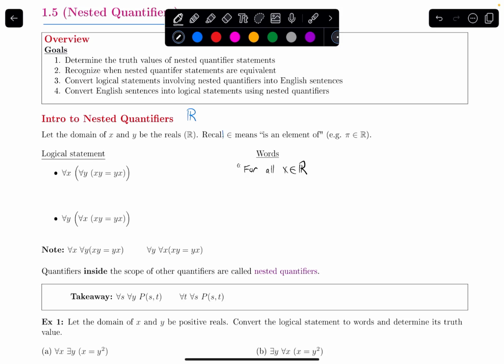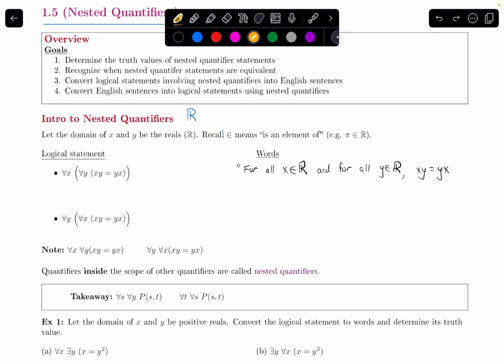And then I have a for all y, so how do I put those together? Well, I would say for all x in the reals and for all y in the reals, comma, and then we're asserting this equation here: xy is equal to yx. So for all x and y in the reals, x times y equals y times x.